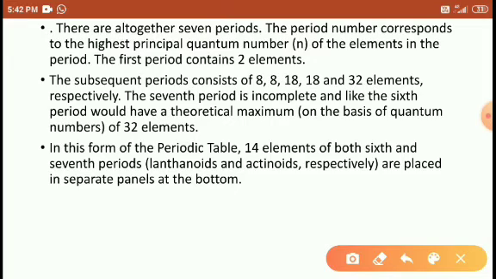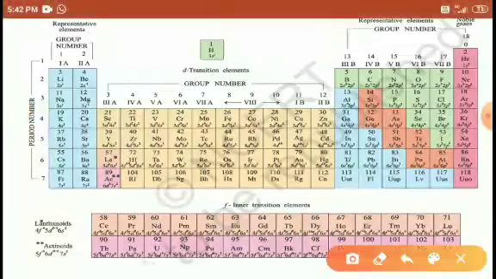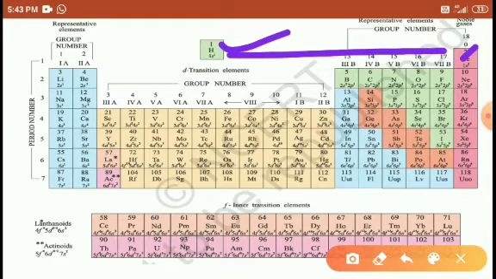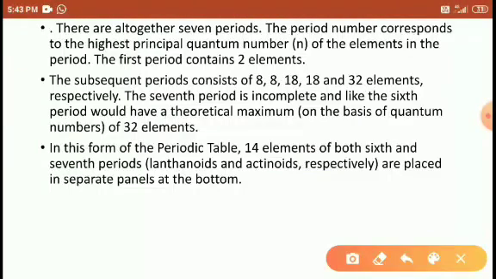The first period contains only 2 elements, hydrogen and helium. Yes, students, hydrogen and helium belong to the first period. The subsequent periods contain 8, 8, 18, 18, 32 elements respectively, right? The 7th period is incomplete.